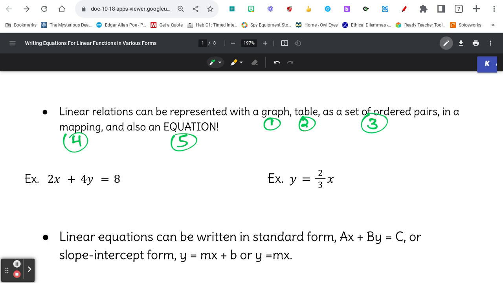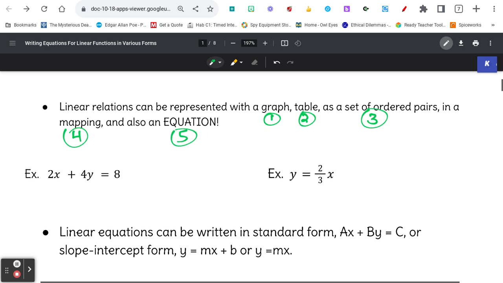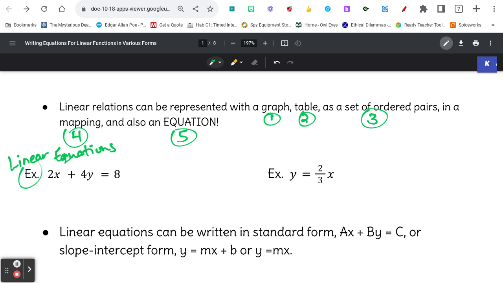All right, so let me give you some examples of what linear equations look like. Linear equations can be in this form, and we call it standard form. This first one here is called standard form, when you have x and y on the same side of the equal sign together.